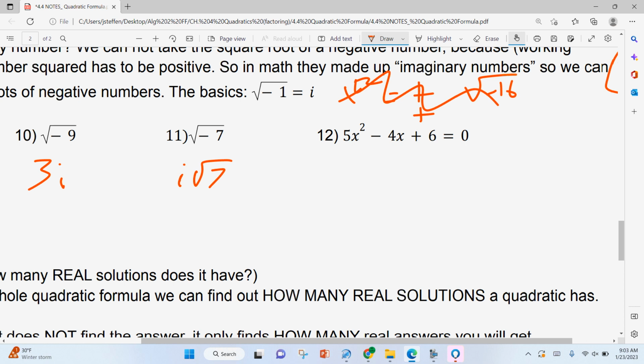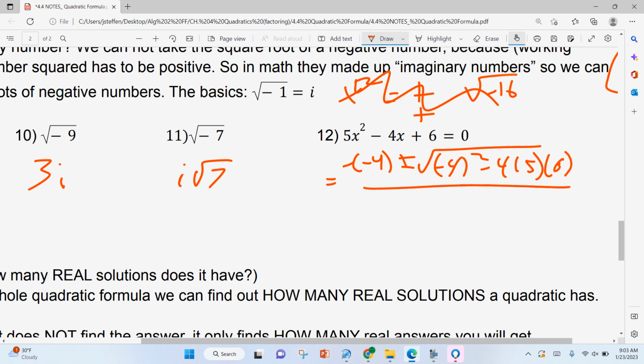So just really quickly, if you'd actually plug this in, we would have negative 4 plus or minus the square root of negative 4 squared minus 4 times 5 times 6, over 2 times 5.